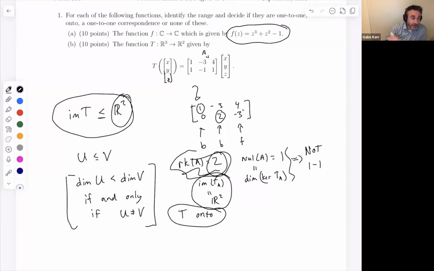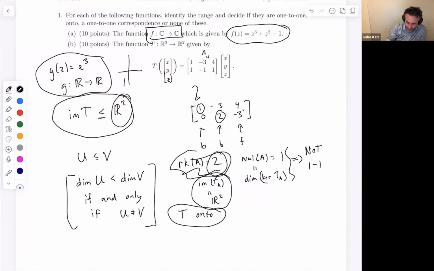No, so let me give you an example, Bowden, of why. If I take g of z equaling z cubed, and I write g as a function from reals to reals, which is what you see in calculus, you all know the graph of that looks like this. That's the graph of z cubed.